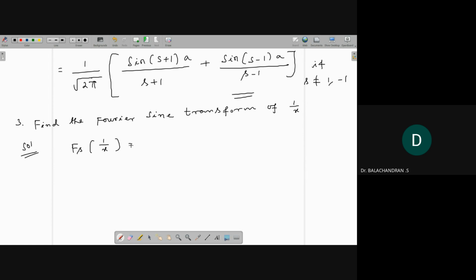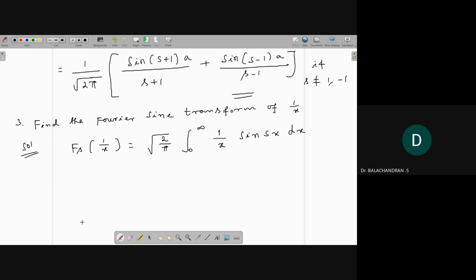which is equal to root 2 by pi integral 0 to infinity f of x, which is 1 by x, into sin sx into dx.